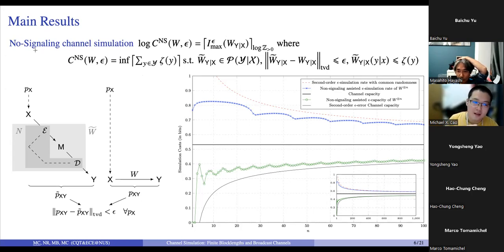Meaning that non-signaling channel simulation will need the lower bound we see on the last page for the random assisted channel simulation. Of course, this also provides a linear program for us to compute the lower bound of the previous page. And in this case, we have some numerics. In this specific figure, we were considering a binary symmetric channel. I forgot the crossover probability, but I remember epsilon is 1/5 in the tolerance.